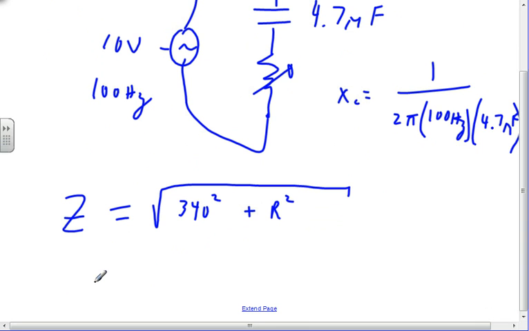And we know that total current is 20 milliamps, which has to equal voltage, 10 volts, divided by impedance.